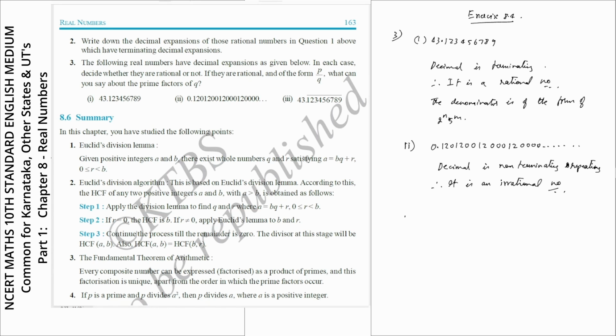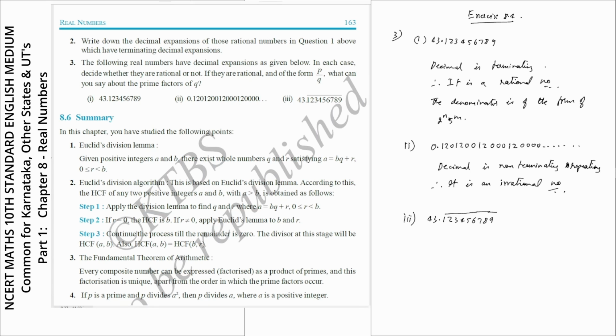And the last one is 43.123456789, with 1234567 and 9 also there. This is recurring.